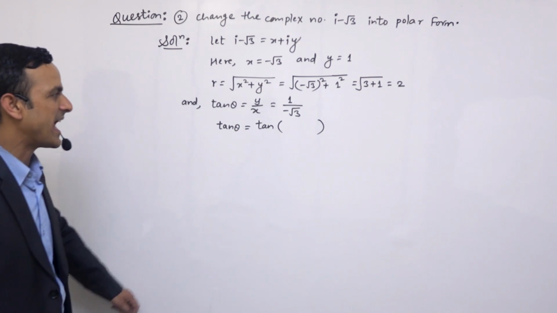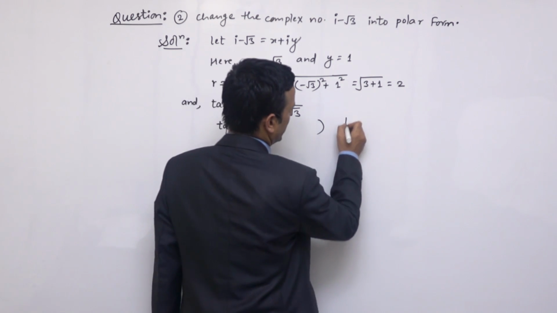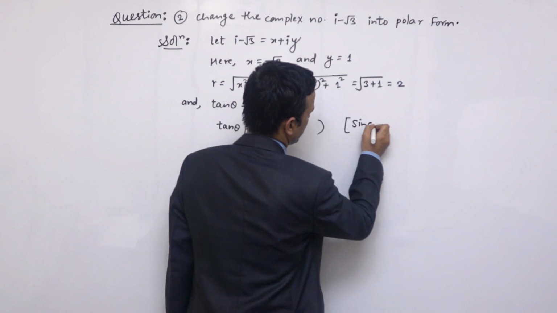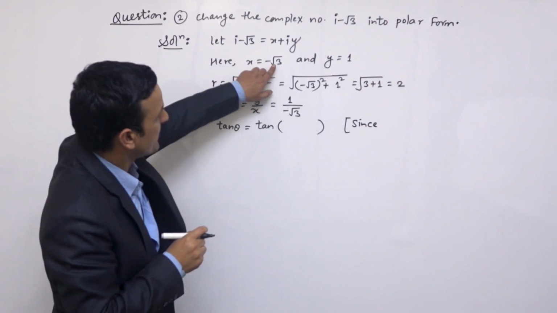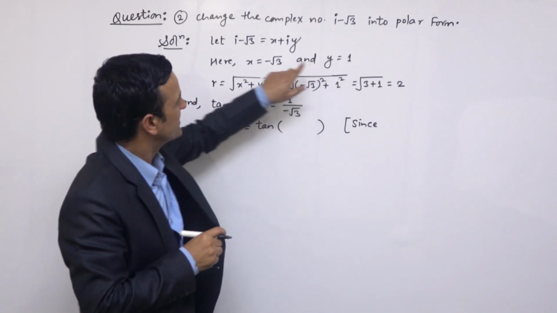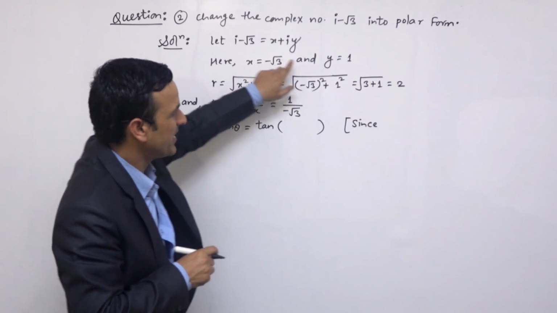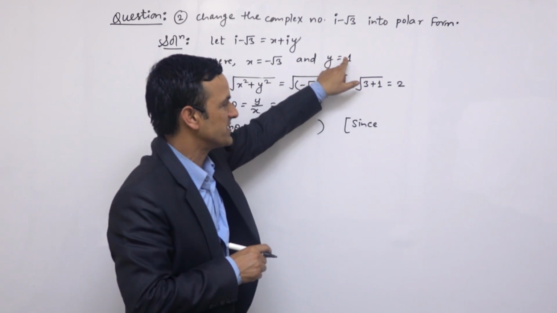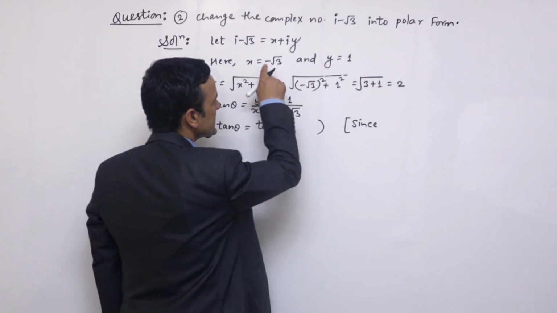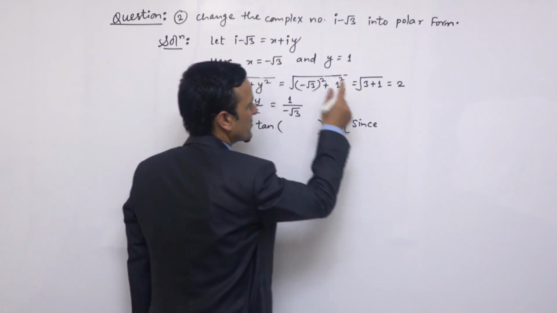So what is the angle? So here, if you look at the value of x and y, the sign of x is negative and sign of y is positive. So it is concerned about this sign.